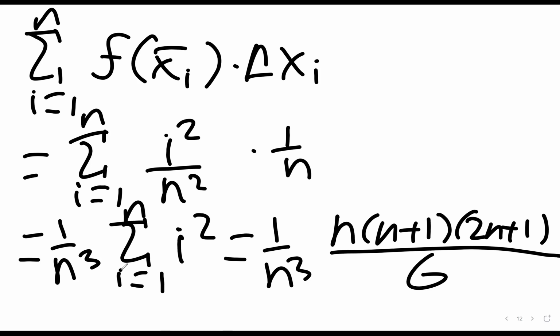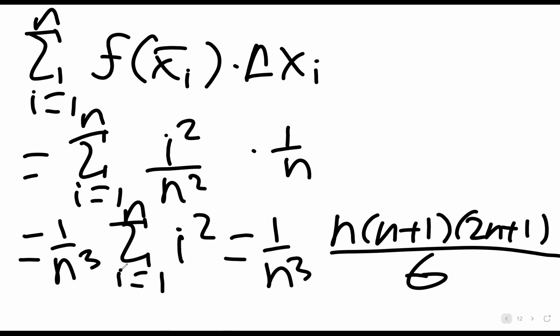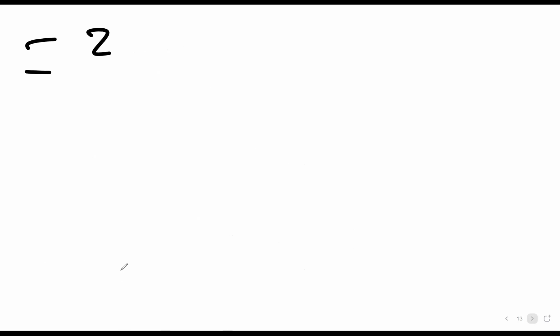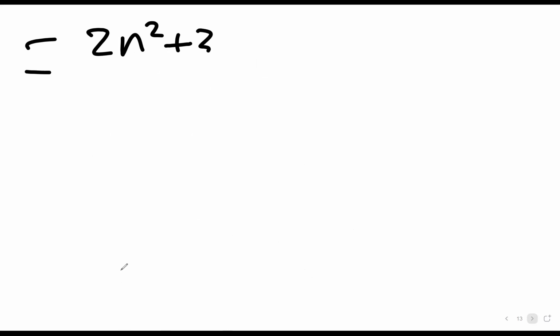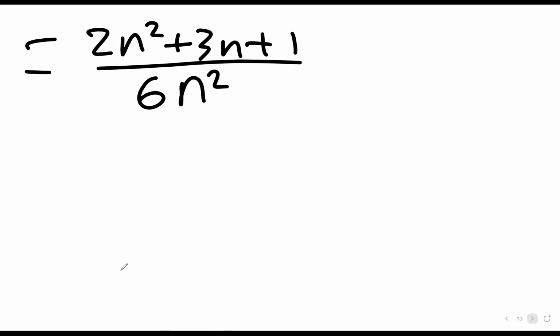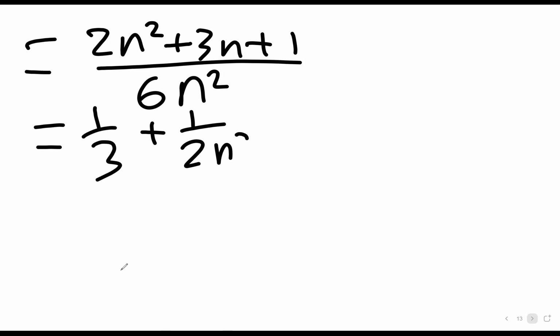So you may simplify this, divide by n and calculate it: 2n squared plus 3n plus 1 divided by 6n squared. Or this is 1 over 3 plus 1 over 2n plus 1 over 6n squared.